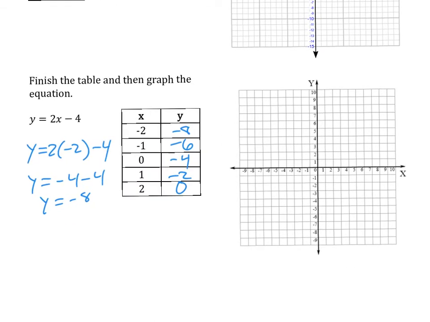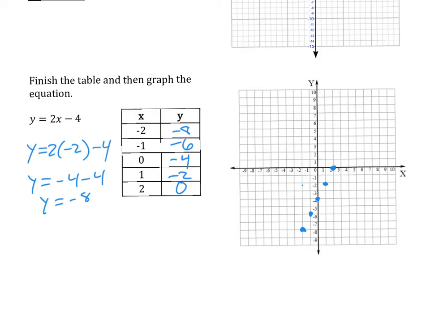Okay, so we'll have (-2, -8), so we'll go -2 in the x direction and then -8 in the y direction. Okay, right there. (-2, -8), and then we'll do (-1, -6), (0, -4), (1, -2), and (2, 0).